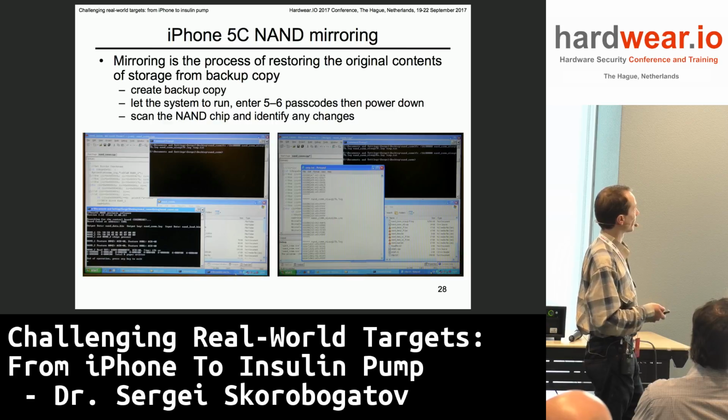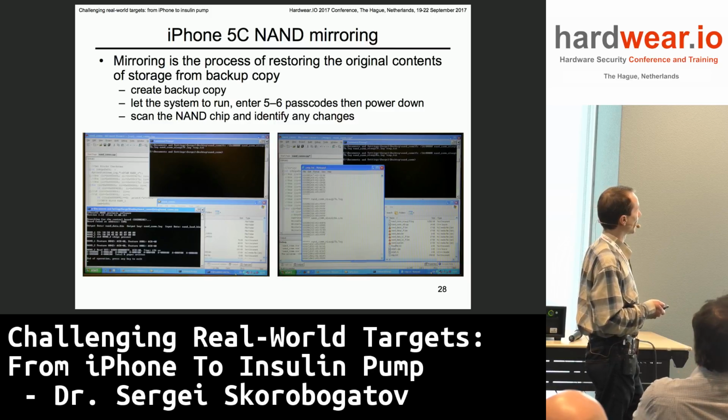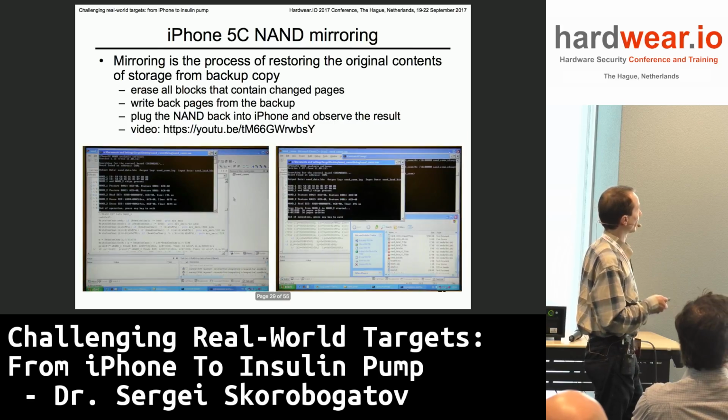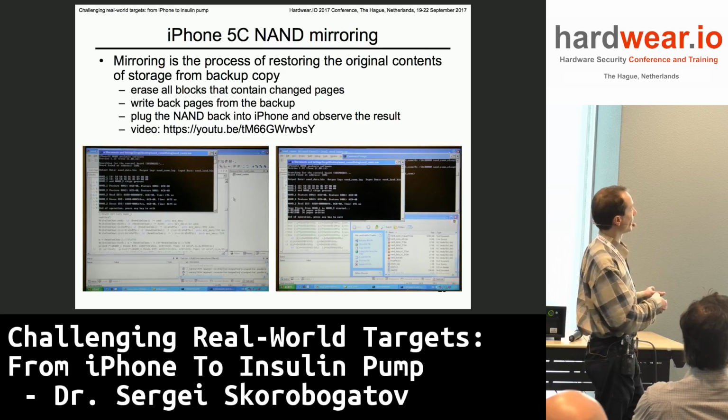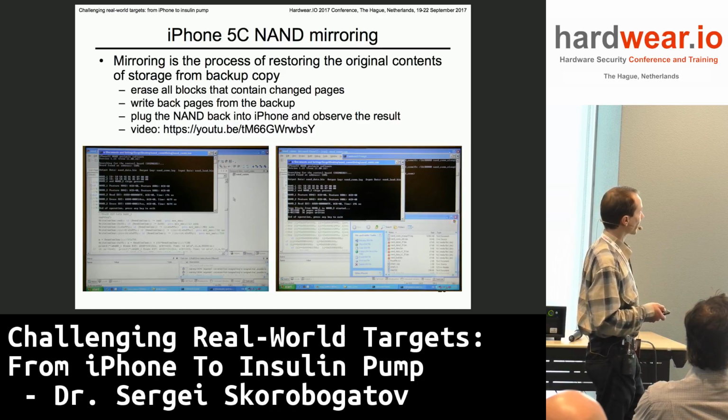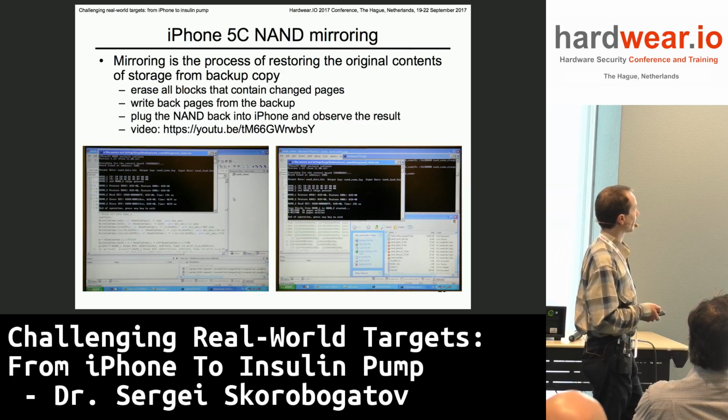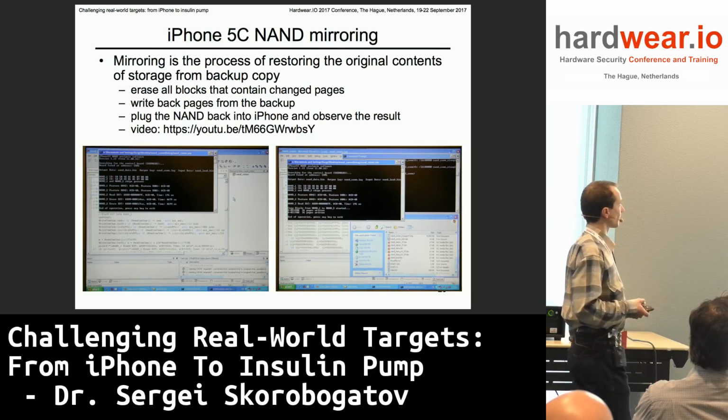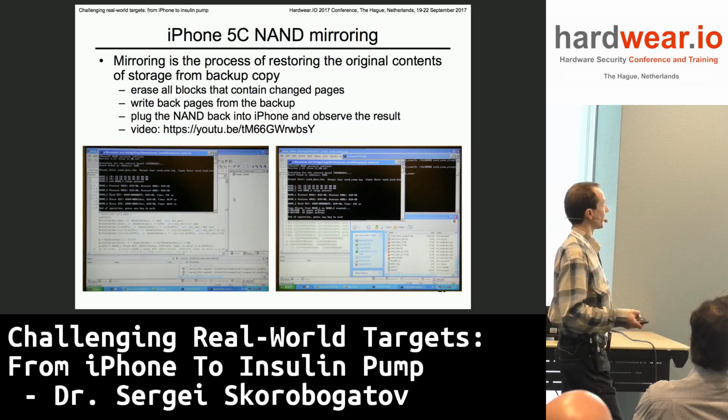So then I ran the tests with the real iPhone, entered 5 or 6 passcodes until the delay is introduced, and then I scanned the NAND chip for any changes, and after that I erased the used blocks and wrote the contents of the original pages back into the NAND flash, and I was successful in the NAND mirroring.